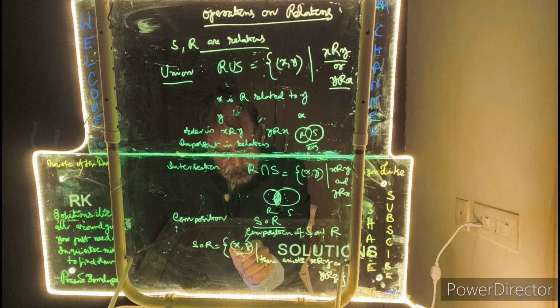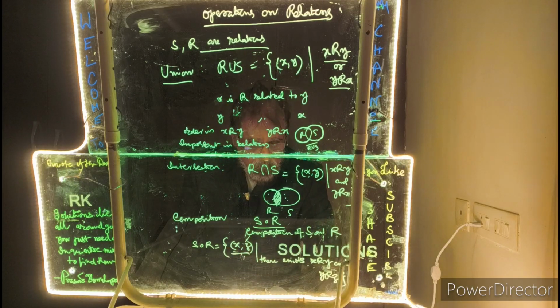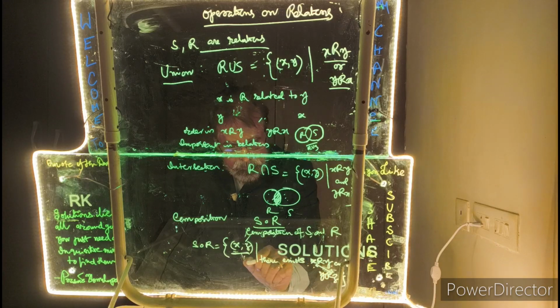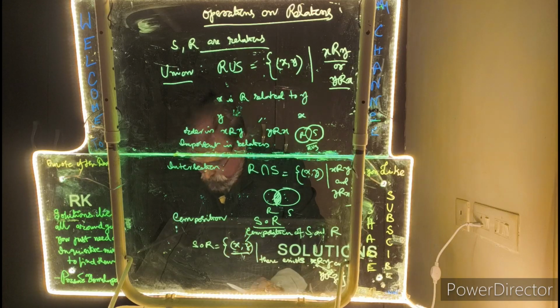It consists of the pairs x and z such that there exists y where x is related to y and y is related to z. It is like a transitive property: through the transitive property, x is being related to z. So that is the composition.